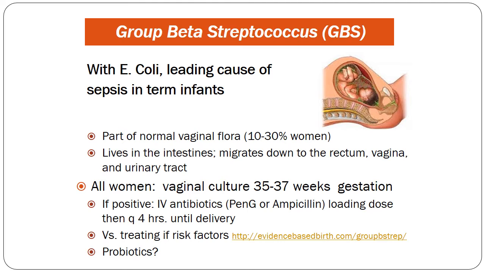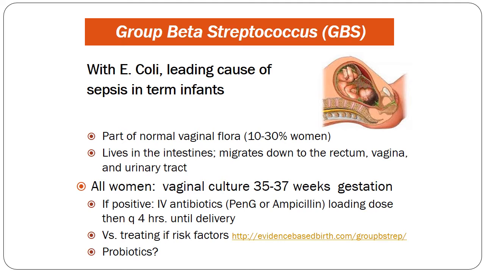If they're positive, we give them IV antibiotics in labor with a loading dose and then Q4 hours until delivery. And then what we do is we will treat the baby if they have risk factors of getting group B sepsis. So it's real important that we identify these moms ahead of time.